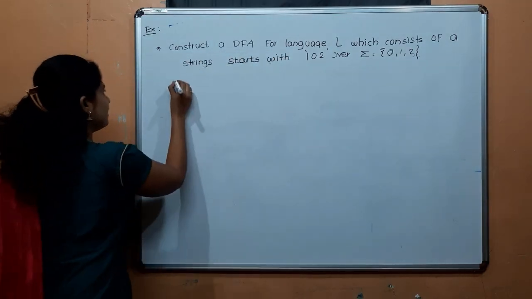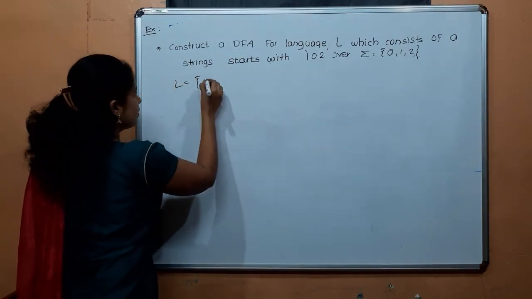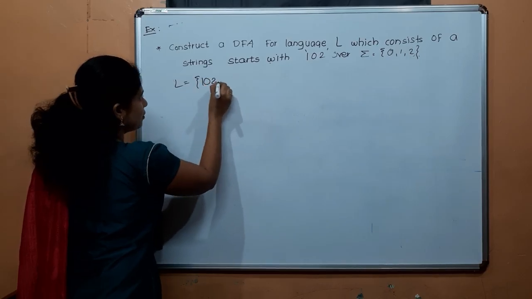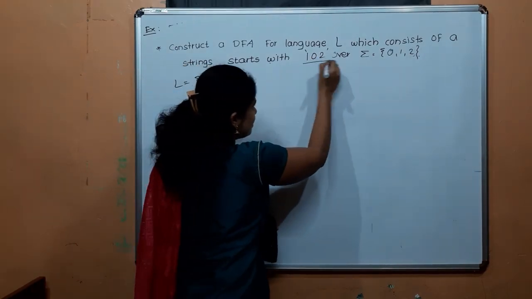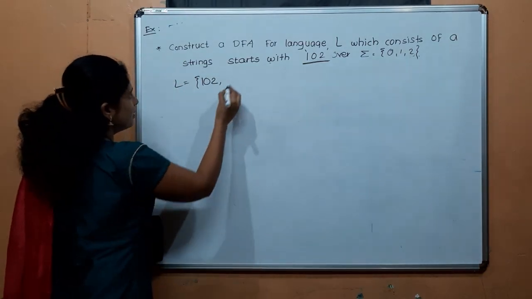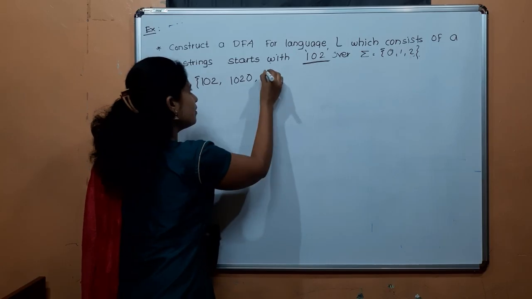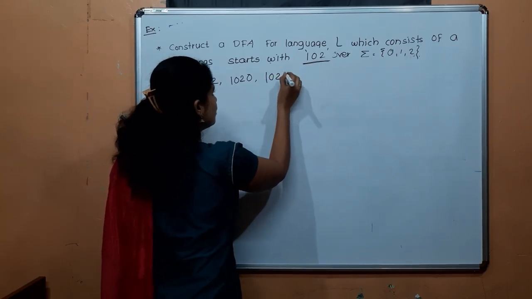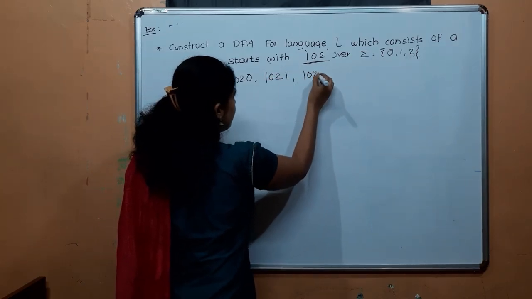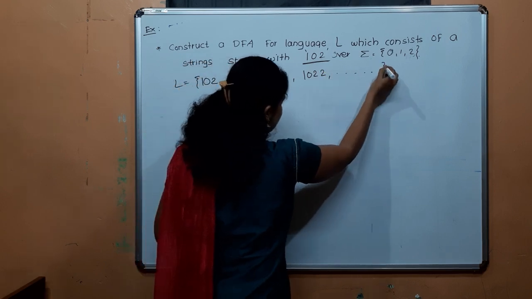See here, the language is 0 1 0 2, that is the minimum language which is the condition given in the example. Starts with 1 0 2, it can end with either 0, either 1, either 2 and so on.